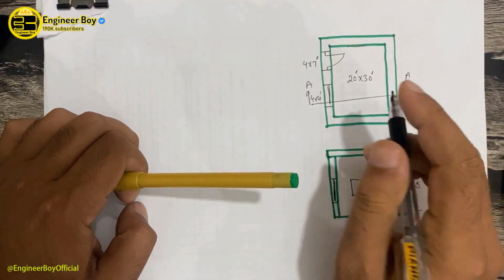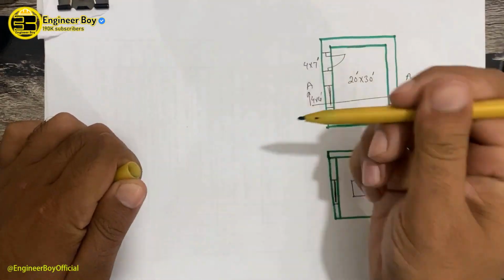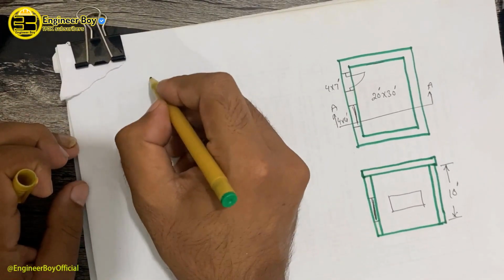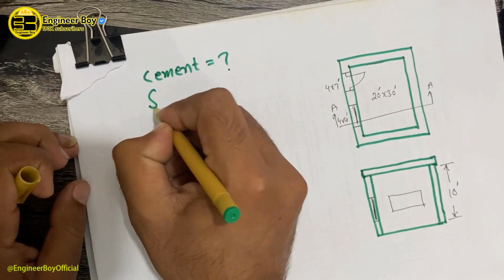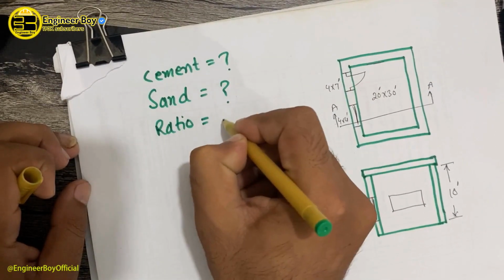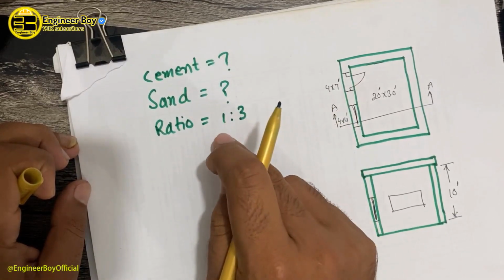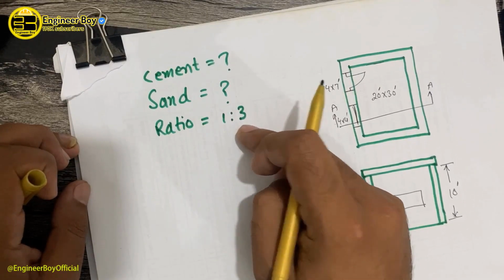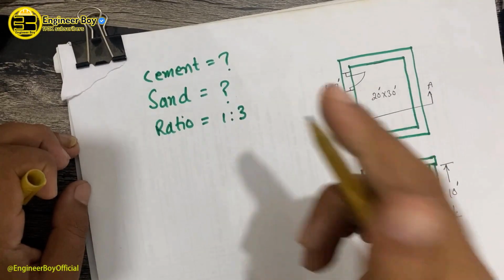Now remember the ratio that's given for the plaster, and we are asked to determine the quantity of cement and the quantity of sand. The ratio is 1:3, where 1 is the ratio of cement, and 3 is 3 times of cement, and that's the sand.